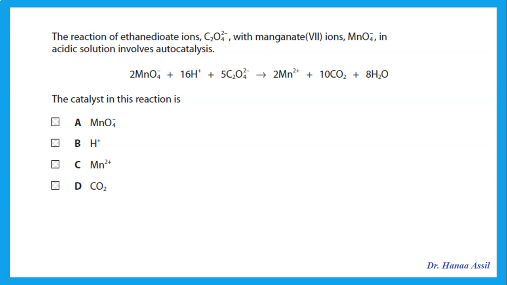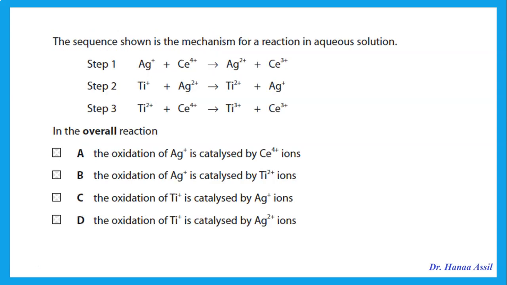So you should remember that this is an example of autocatalysis because the manganese 2 plus that is formed acts as a catalyst. So at the beginning, the reaction is very slow. But as soon as it starts to form manganese 2 plus, the presence of the manganese 2 plus helps to catalyze the reaction, and the reaction becomes faster.